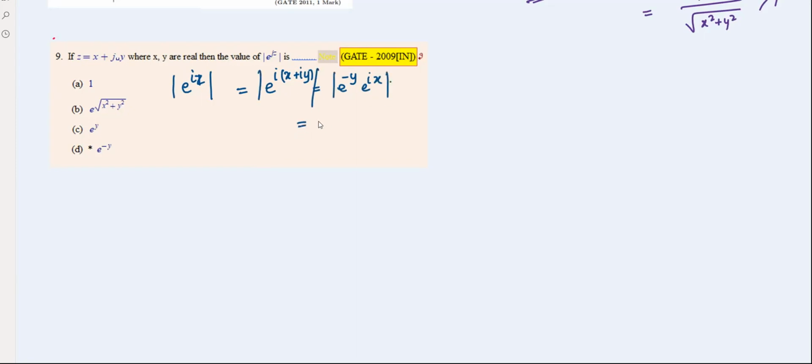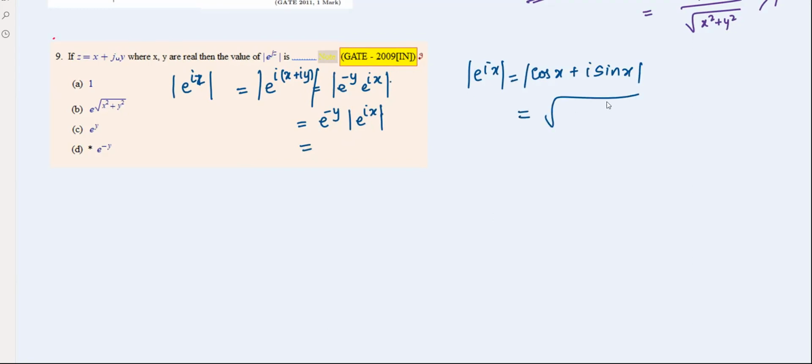This is e power minus y times modulus of e power ix. e power ix is cos x plus i sin x. Now modulus of this means root of cos square x plus sin square x. It is 1. So I get e power minus y. So this is the answer.